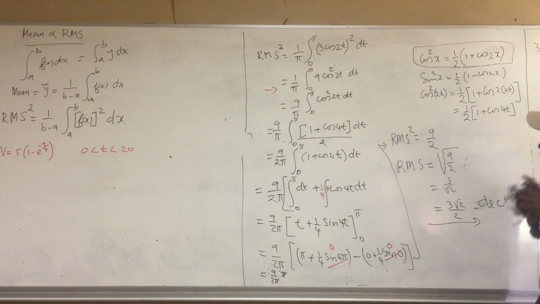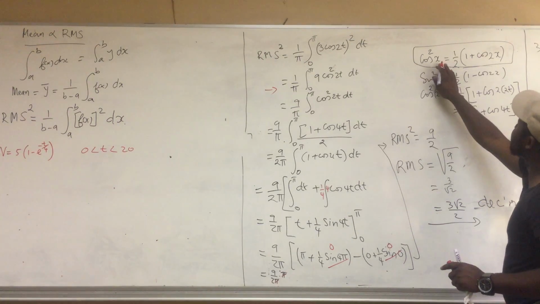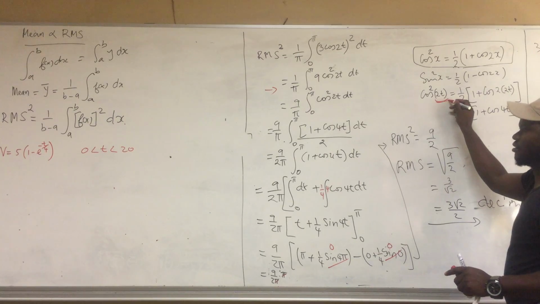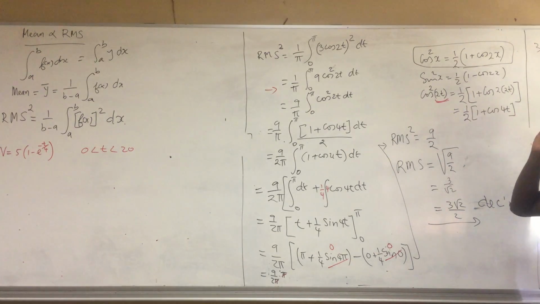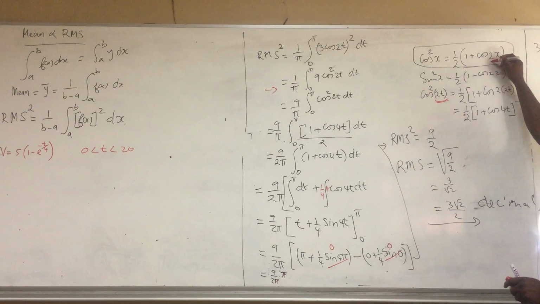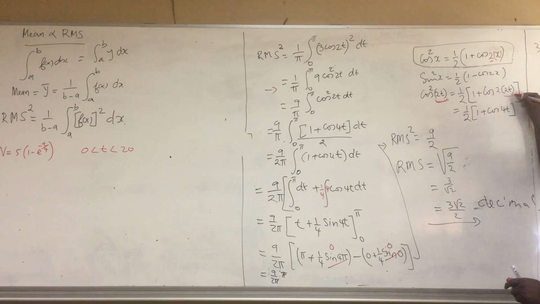But I want you to notice something. The angle here is x, but here your angle is 2x. So when you are plugging, you have to write this 2 and then your angle. Your angle here is 2t. You have to write 2t there.